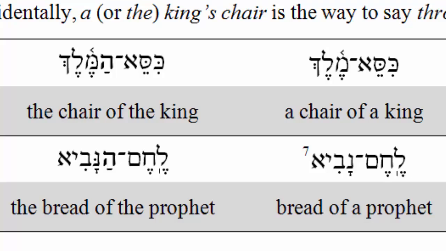Suppose in another example that you see some bread that belongs to a prophet. You would say, well, this is a prophet's bread, bread of a prophet, lechem navi. But if, on the other hand, you wish to say that this is the prophet's bread, the particular prophet's bread, once again, attach the definite article to the last member of your phrase, that is the possessor, in this case the prophet who's possessing the bread.